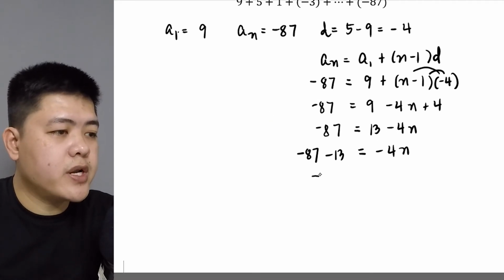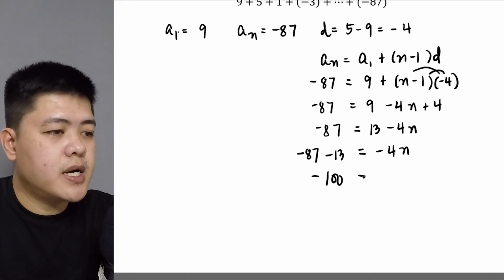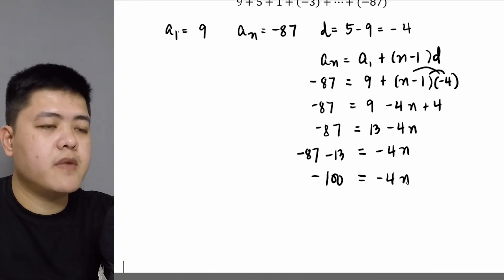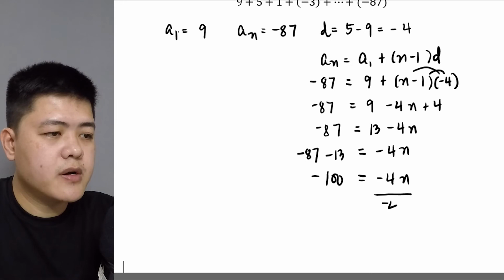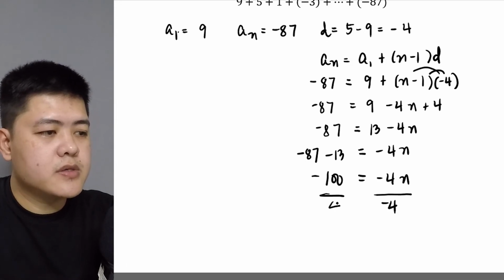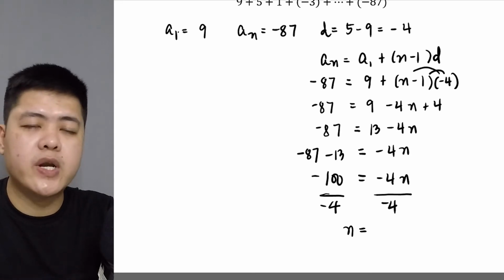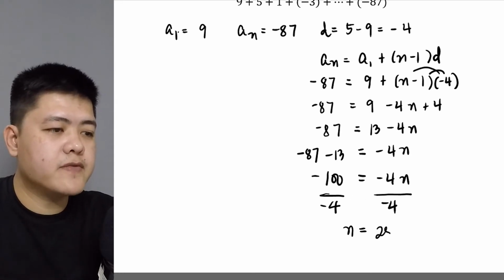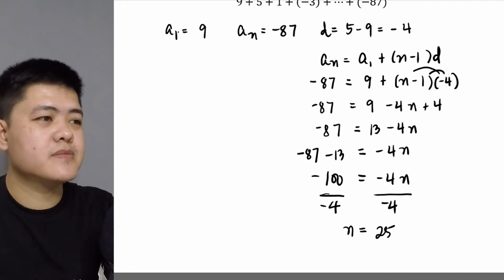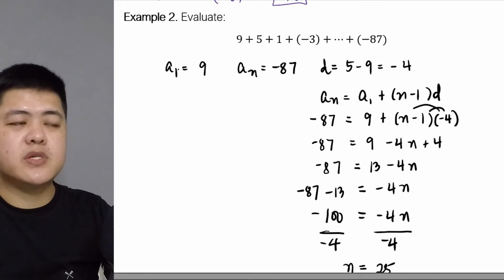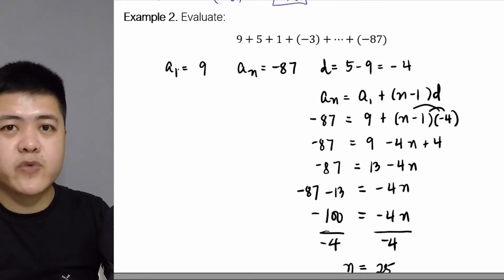Yeah, it's negative 100 equals negative 4n. And then, we divide everything by negative 4. So, therefore, the value of n is 25, since negative 100 over negative 4 is positive 25. So, there are 25 terms. So, mula 9, which is our first term, hanggang negative 87, we have 25 terms.